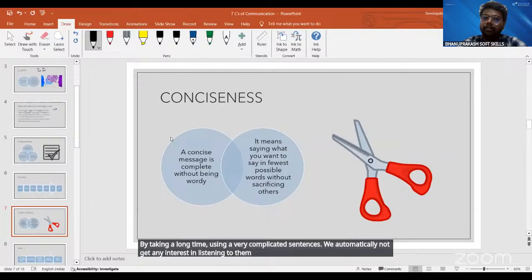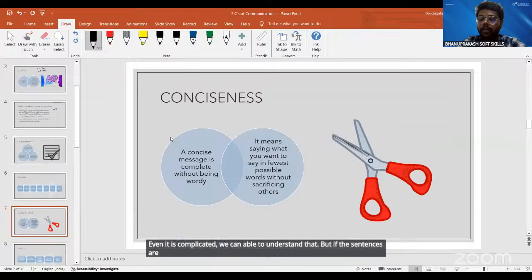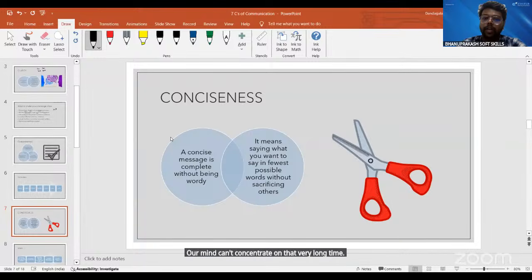Even if it is complicated, we can understand that, but if the sentences are many, our mind can't concentrate for a long time. So even if you make your sentences very complicated, the interviewer will lose interest.